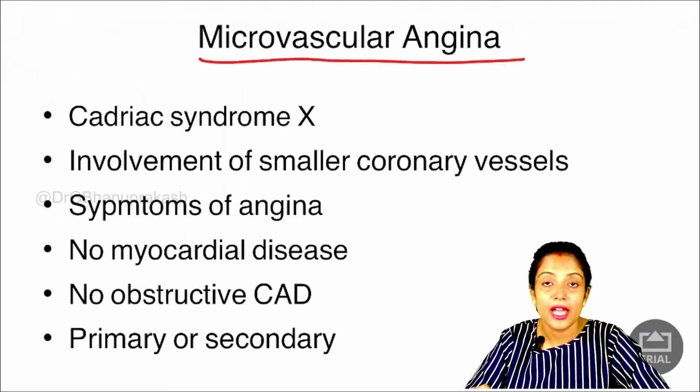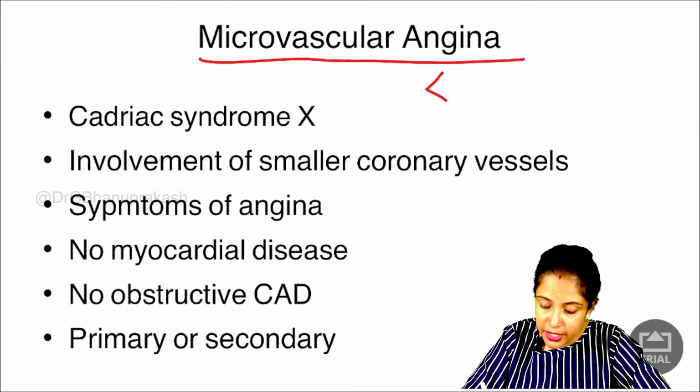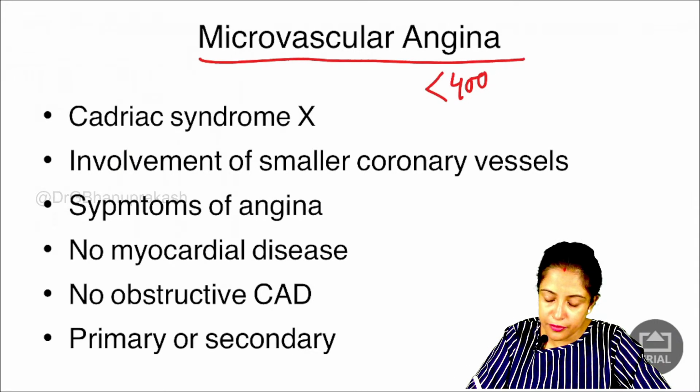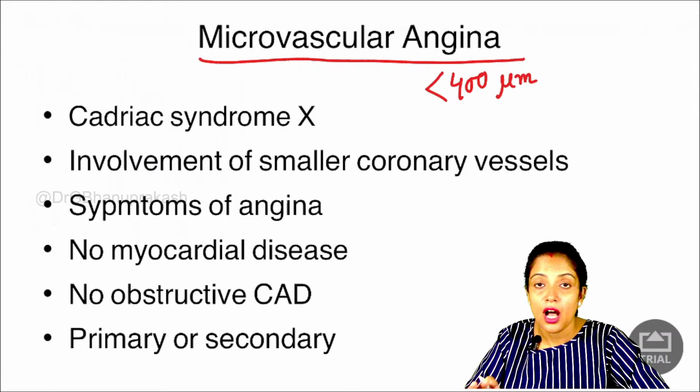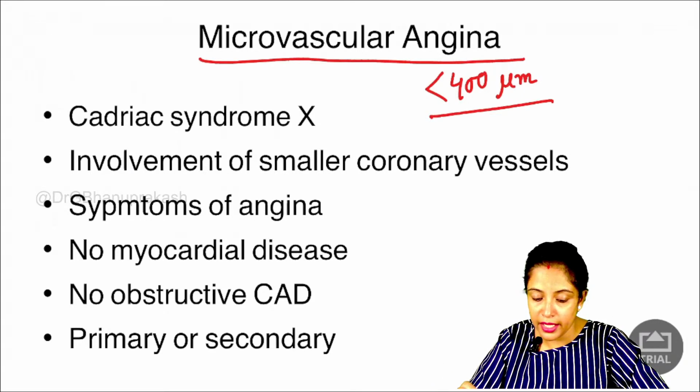It means involvement of the smaller coronary arteries, with a diameter less than 400 micrometers. Up to 400 micrometers they are epicardial coronaries. When the diameter is below 400, they are microvessels, the microcoronaries. They may be pre-arterial, arterial, and capillary.